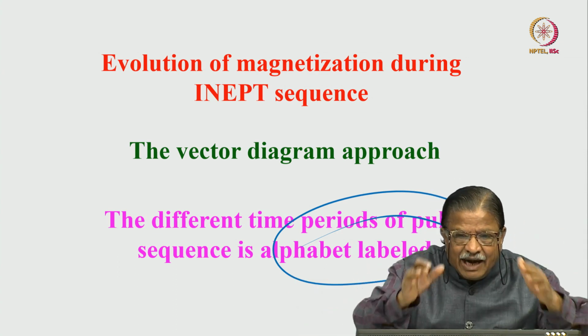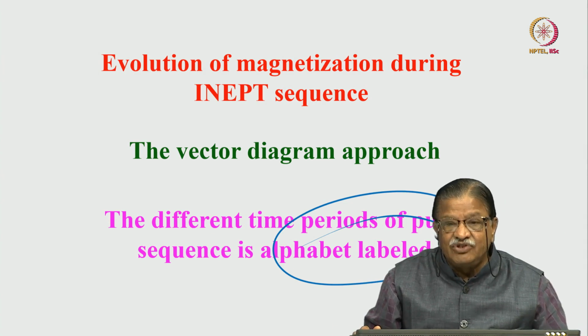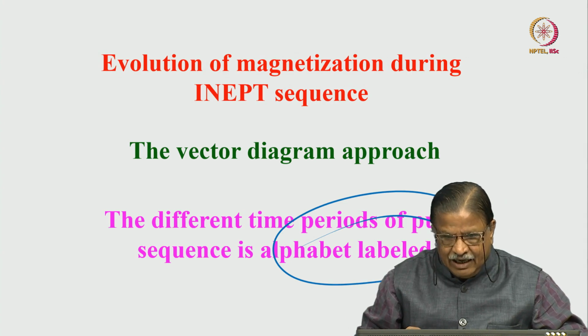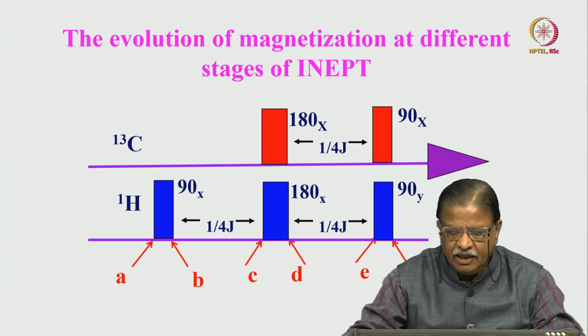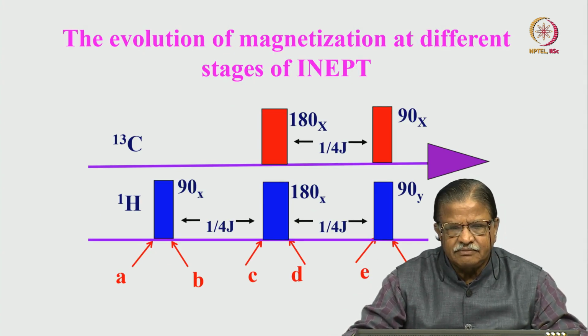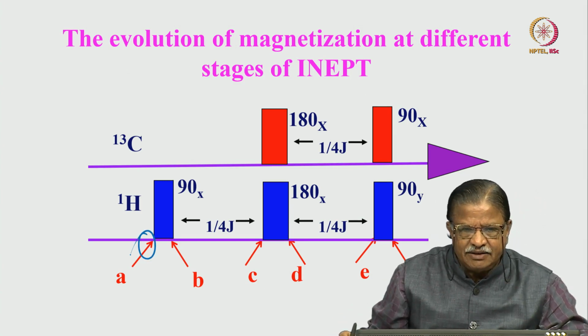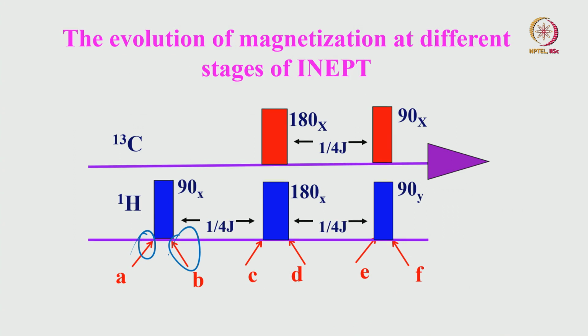This is the pulse sequence. The beginning of the pulse is A, then the 90 pulse is B, then evolution C, D, E and F. We have put 6 different time points.